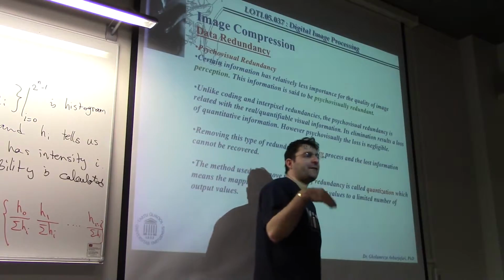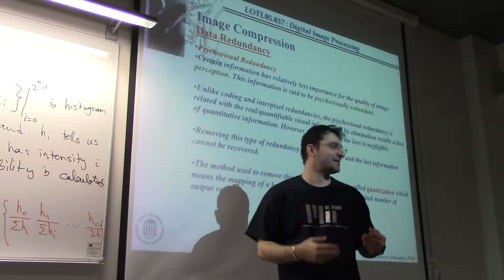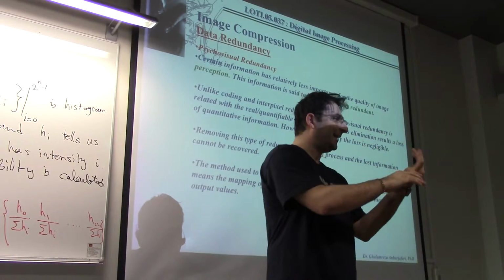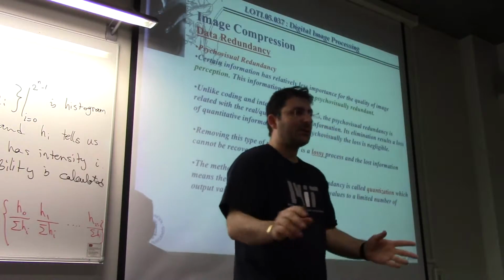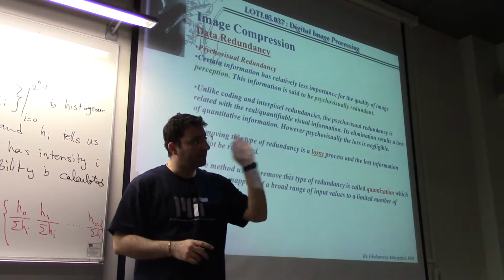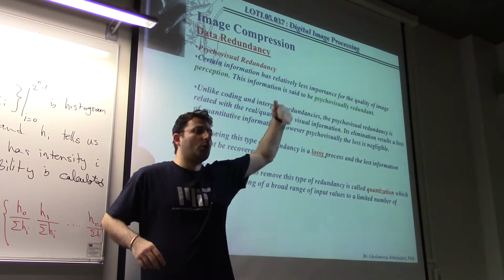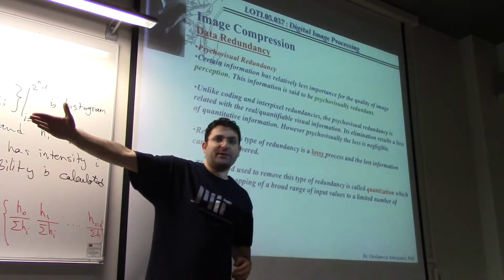Do you remember in the first or second week of this course, when we had the first slides, we were talking about sampling and quantization? We said that we were talking about the digital image and how we get it. We sampled the analog image and we quantized it. That's why we have an 8-bit representation.